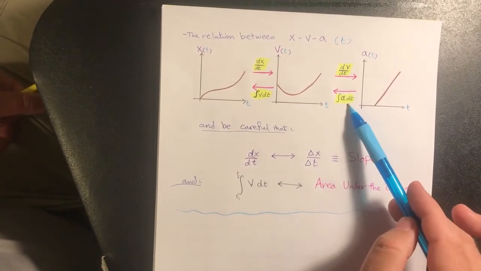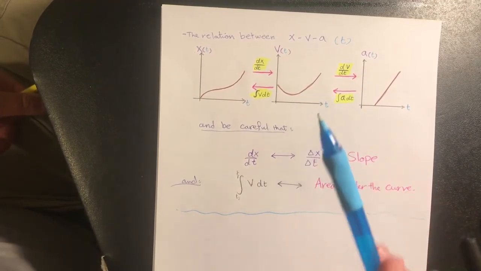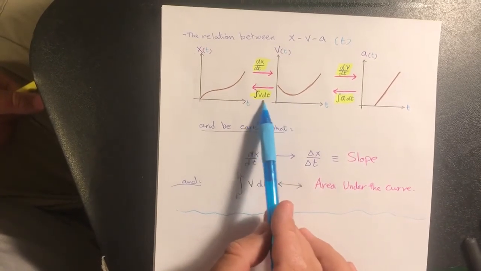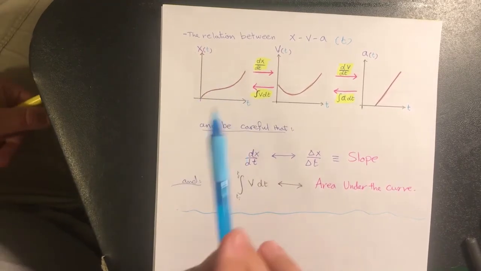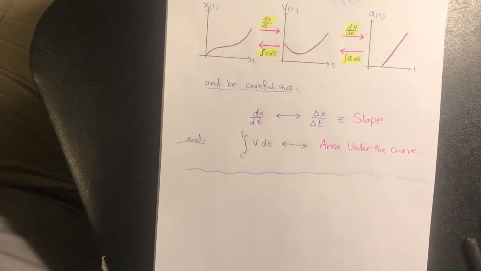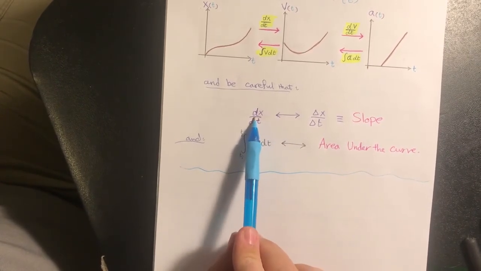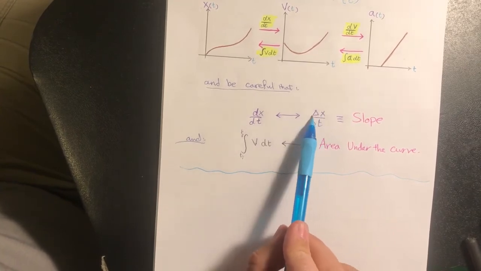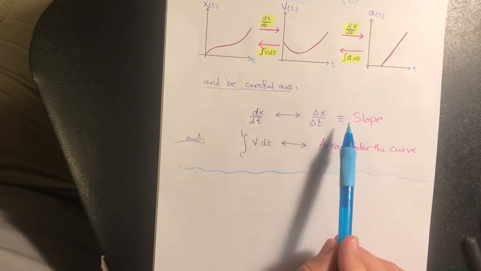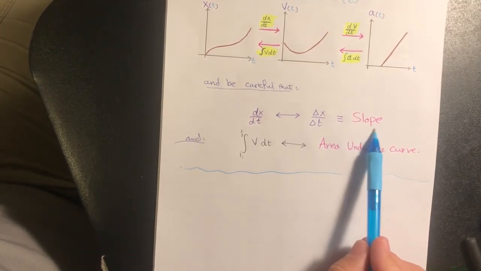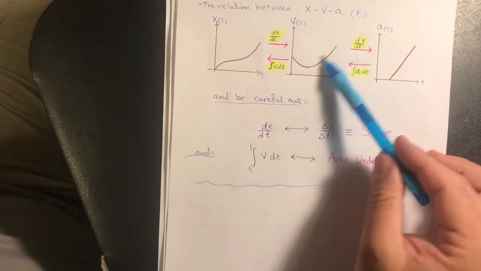If we integrate that acceleration, it will give us the speed. If we integrate the function of speed, it will give us the position function with respect to t. And note that the derivative is related to delta x over delta t, for example, or the rate of change with respect to time, which relates to a slope of that function at a point or between 2 points.